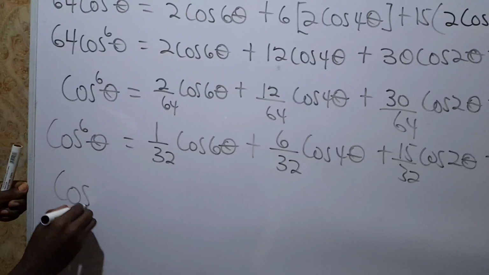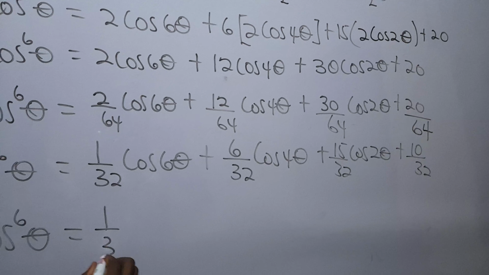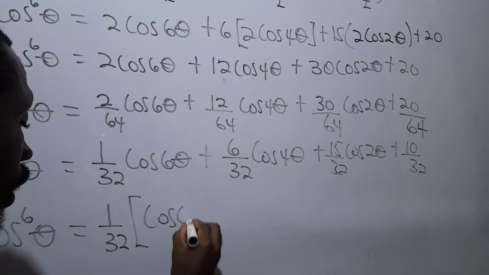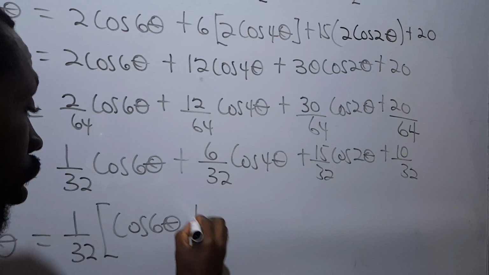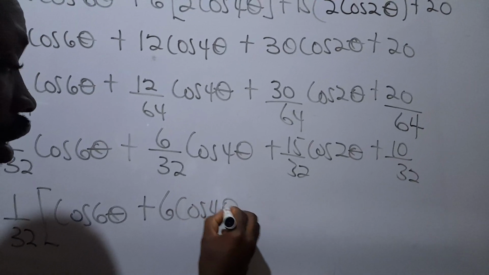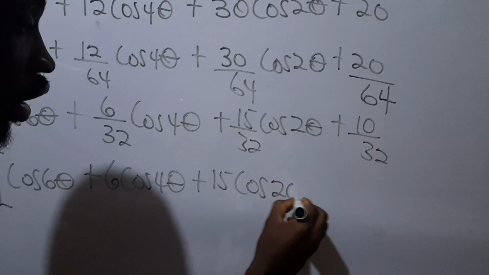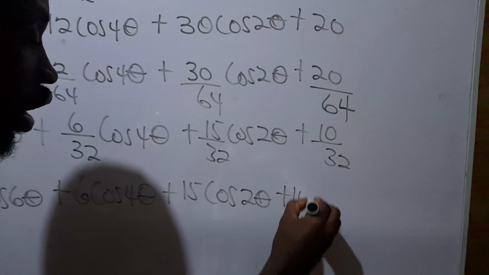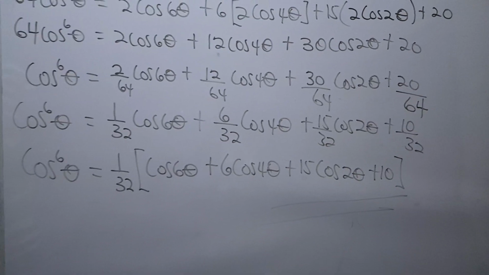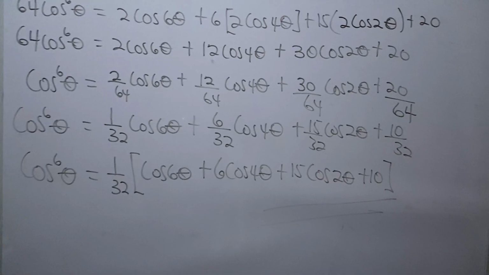So I have cos^6 theta will be equal to 1 over 32 bracket cos 6 theta plus 6 cos 4 theta plus 15 cos 2 theta, then plus 10 as our final answer. So we have found the multiple angle formula for cos^6 theta. I hope you get this.